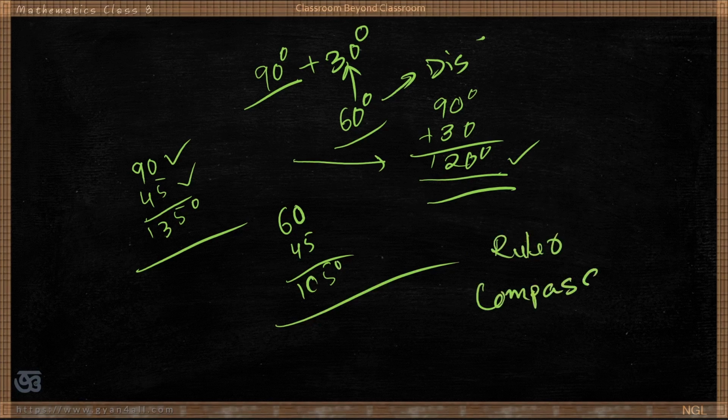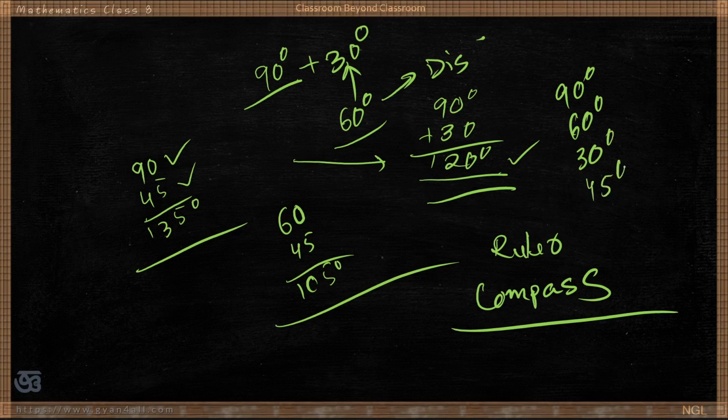These are only the combinations of these angles, 90 degree, then 60 degree, then 30 degree, then 45 degree, then half of 30 you can get 15, half of 15 you can get 7.5, this is 22.5, and so on. So you can get any number of angles.